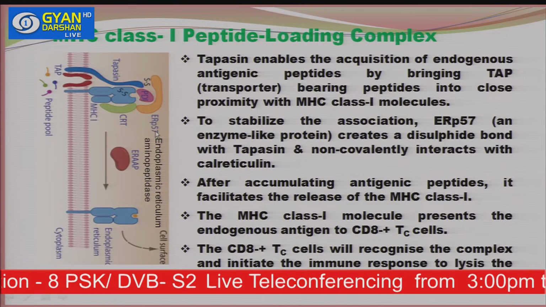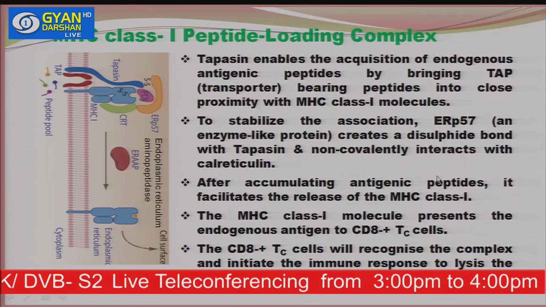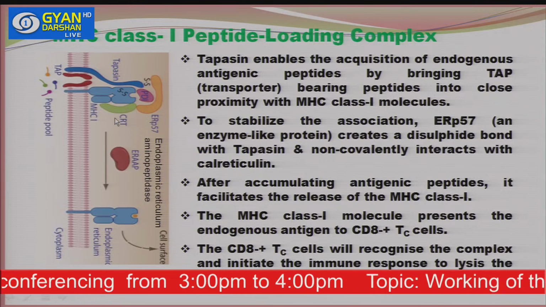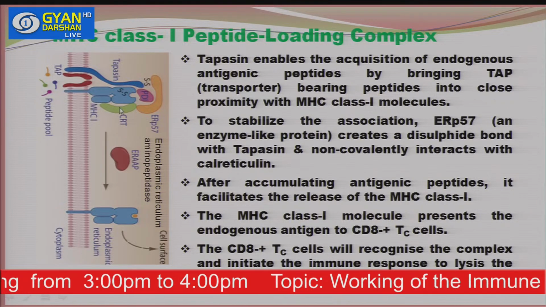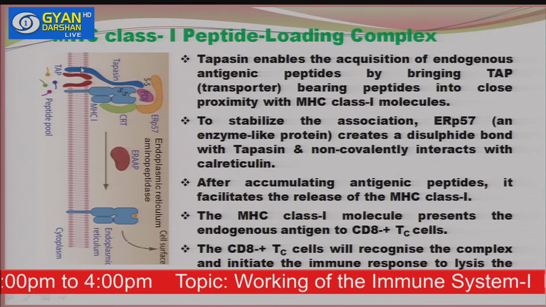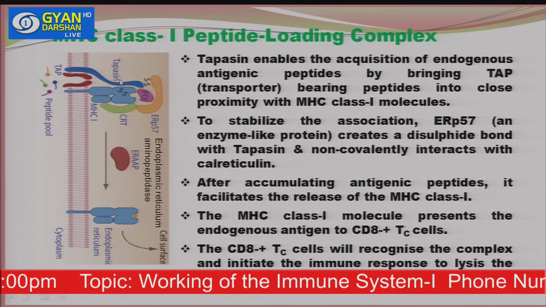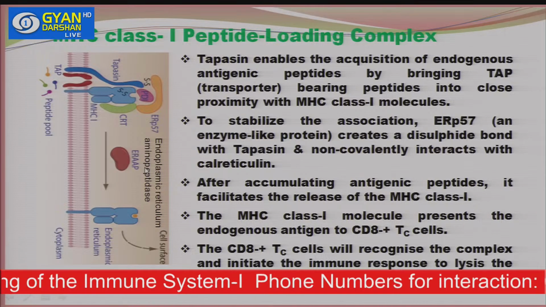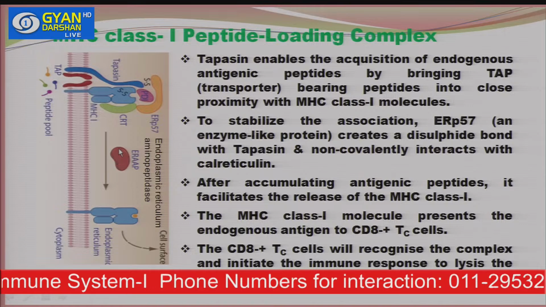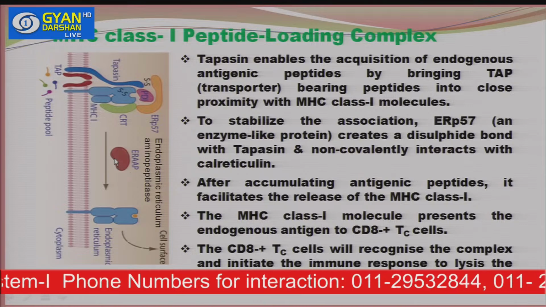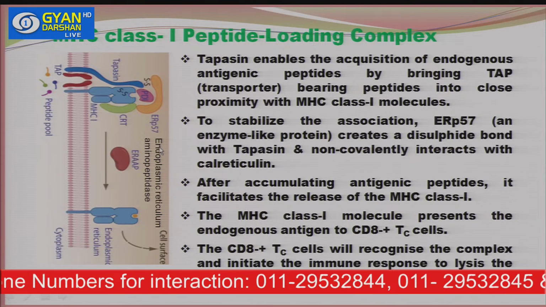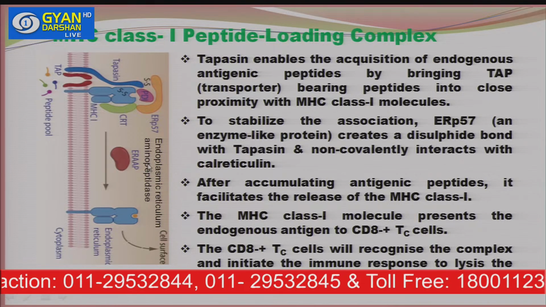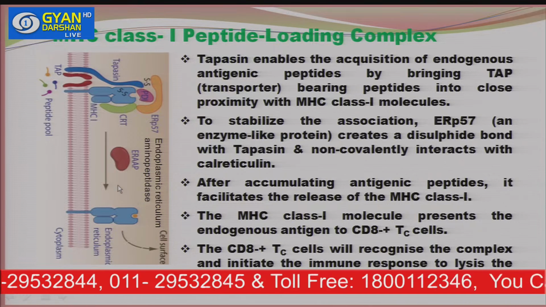Another very important molecule is ERp57 or CRT. These are very important proteins which are involved in the expression of the MHC and the peptide. They will bind together. Another very important molecule is a type of enzyme known as the endoplasmic reticulum aminopeptidase.